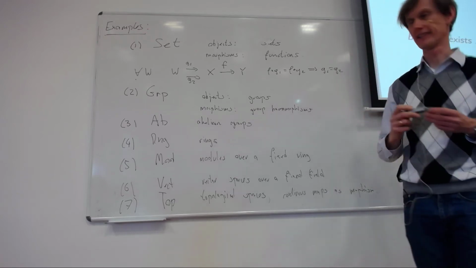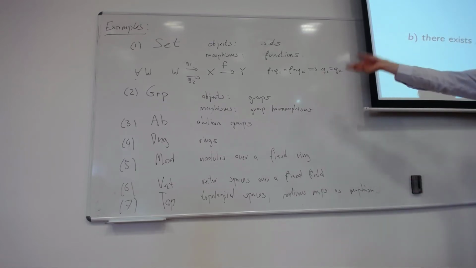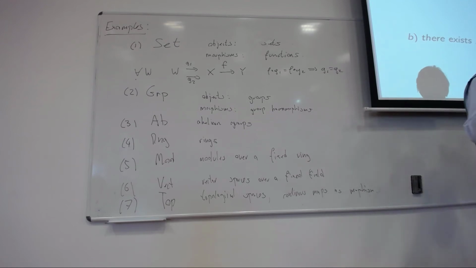Well, that's at least one example from outside of algebra. But really, you can think about just about any category of mathematical objects that you have studied so far with respective maps between those objects. And I guarantee you that you will always get an example of some sort of a category.